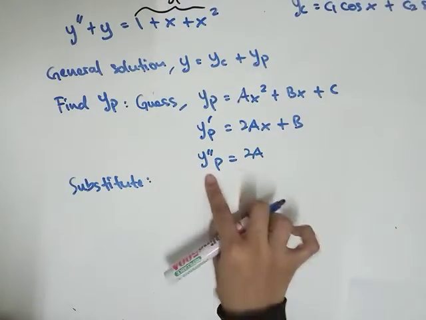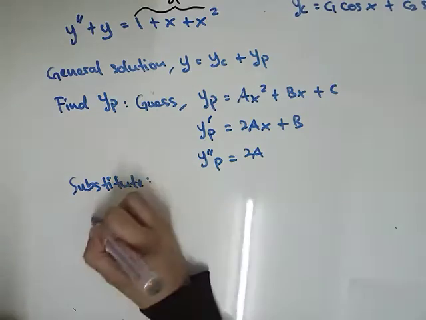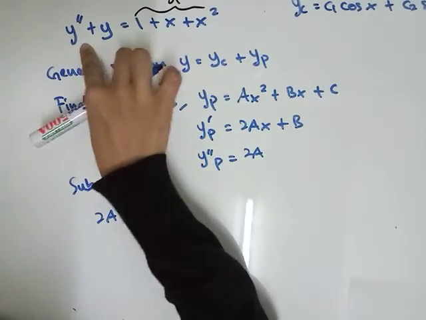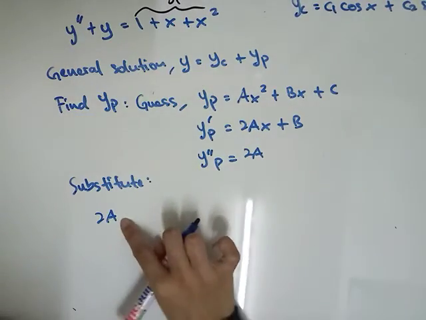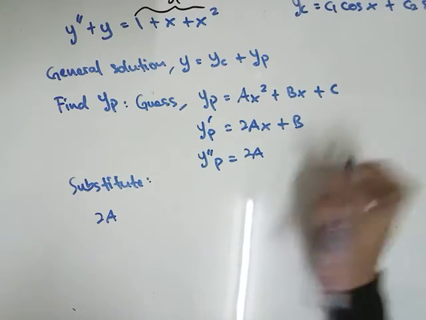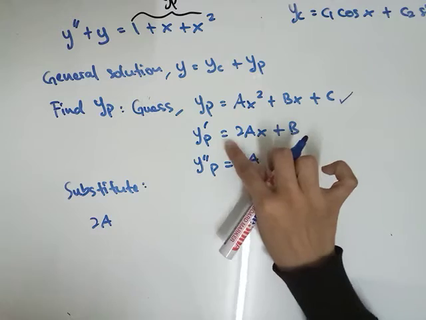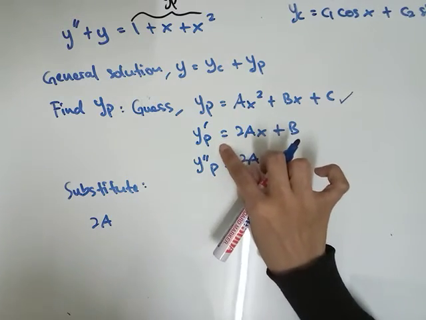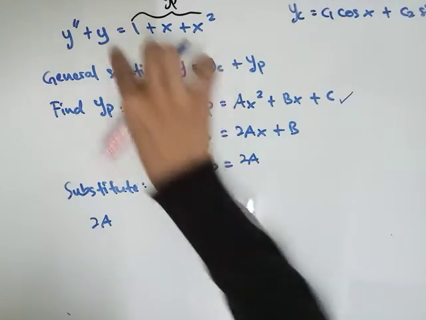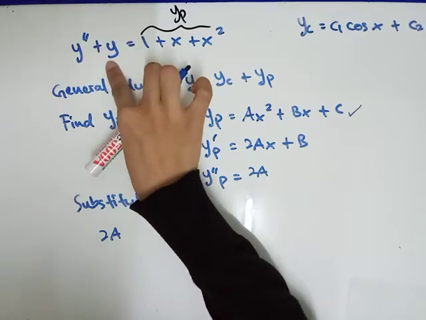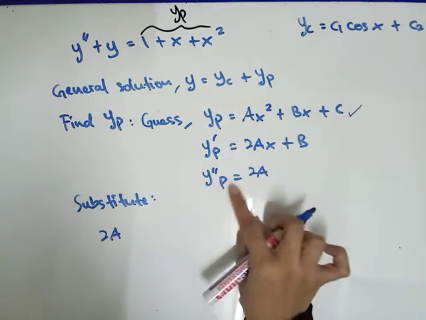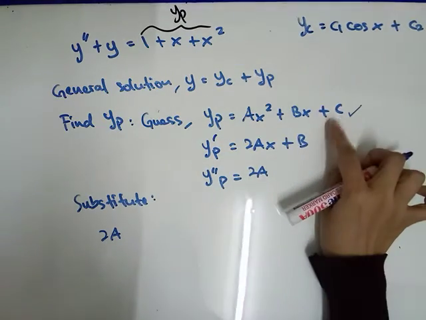Substitute for y double prime, 2a. The equation is y double prime plus y, so 2a plus y. Ignore the y prime, because we don't have y prime here. We only take y double prime and y.